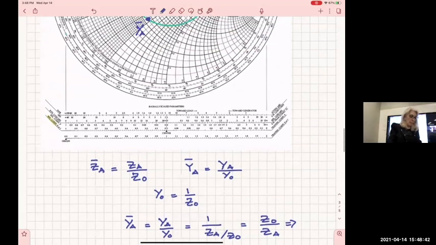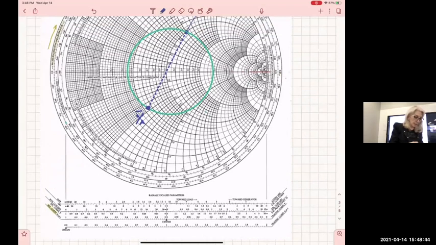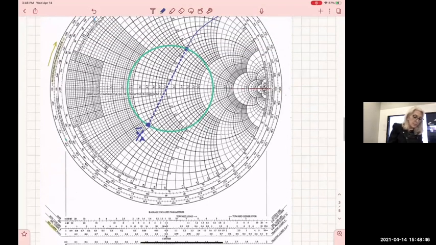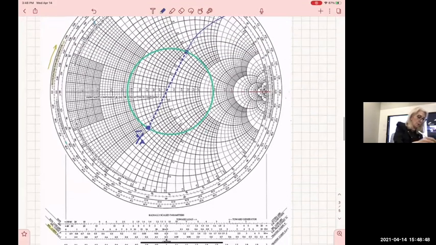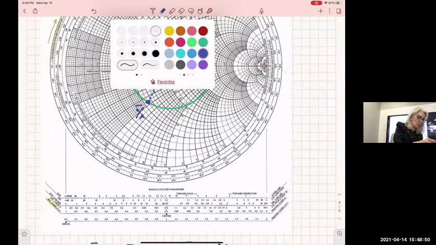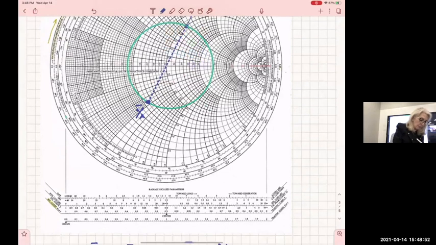So I'm going here now and I can read it. If this ZA is what I found there, I can go now and find this one, YA.